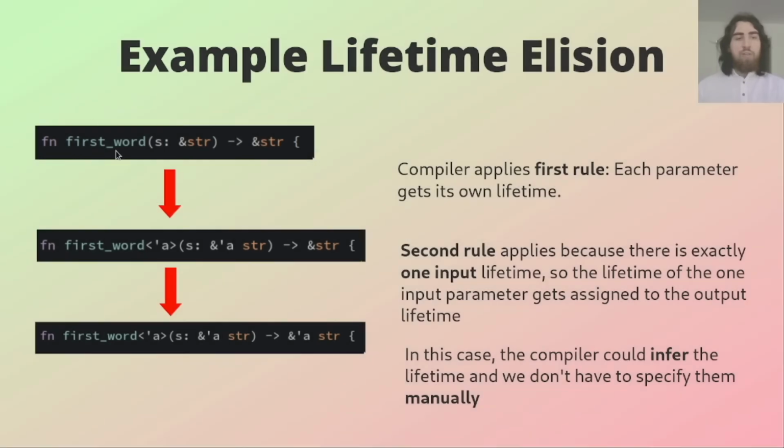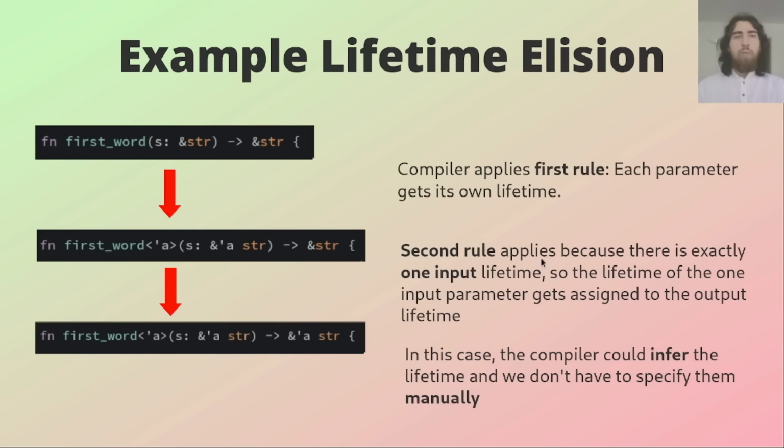Here we have the function first_word taking a reference, okay, and returning a reference. So the compiler applies the first rule. Each parameter gets its own lifetime. So the compiler behind the scenes will annotate here a lifetime for this function and will annotate it for all the references, right?